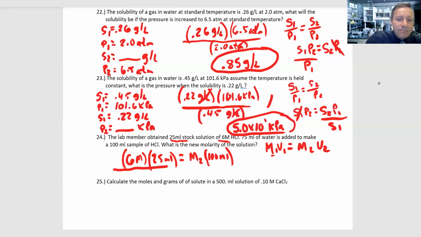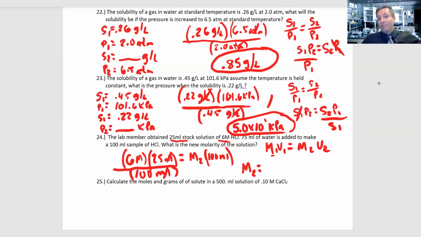So I'm going to divide both sides by 100 milliliters. Milliliters cancel off. So my secondary concentration, M2 equals, so let's plug this in, 6 times 25 divided by 100. I only have one sig fig.